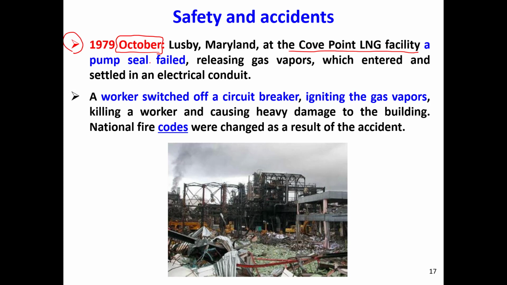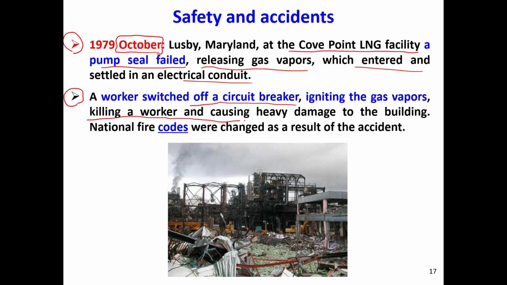One of the pump seals failed and released LNG vapor, gas vapor, to the atmosphere, and it entered and settled in the electrical conduit. Once the workers switched off the electrical circuit breaker, it created a spark, a source of ignition, so the vapor ignited and killed the worker.